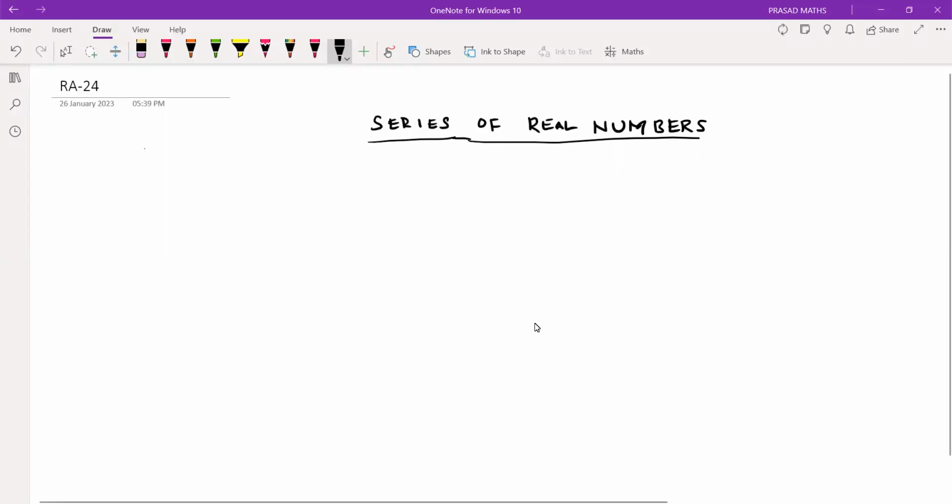Okay, so today we would like to start the notion of series of real numbers. Of course, there is a series of functions in the last chapter. This is series of real numbers, right? So the definition is, suppose you start with a sequence of real numbers. This is my sequence of real numbers.